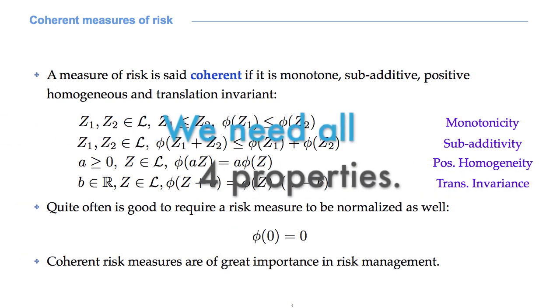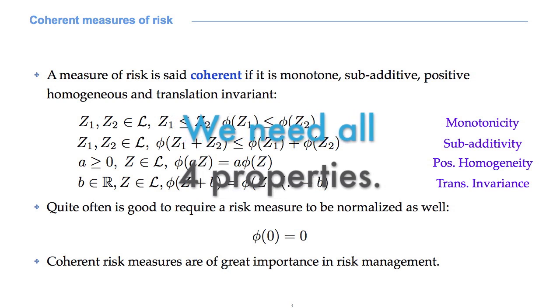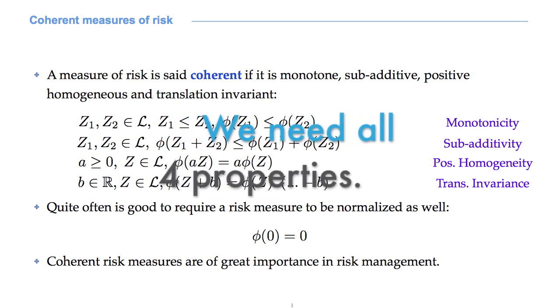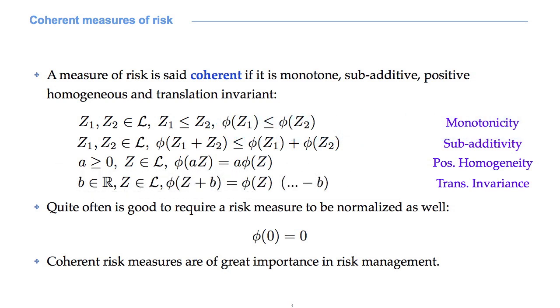If one of these properties is not respected, a measure of risk is not coherent. Sometimes we can also assume the risk measure to be normalized, even if this is not strictly necessary for a risk measure to be coherent.